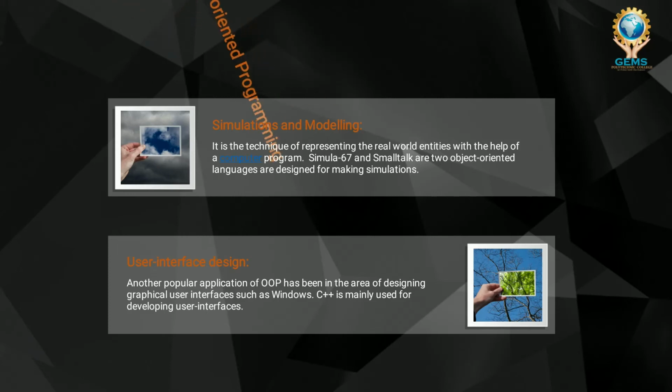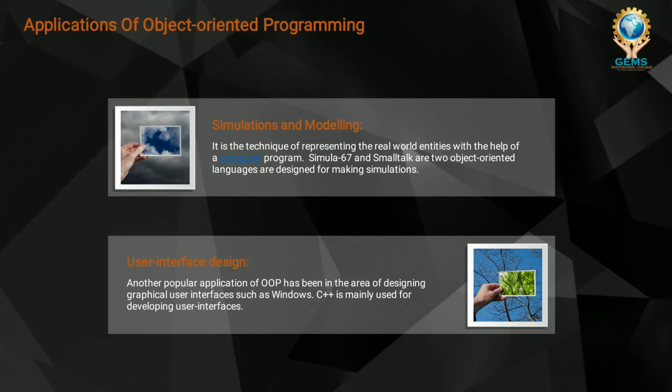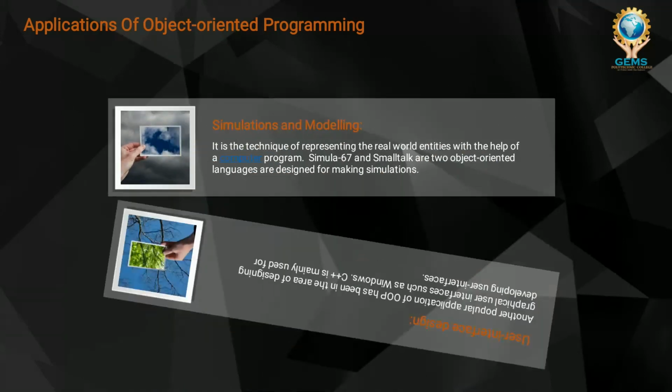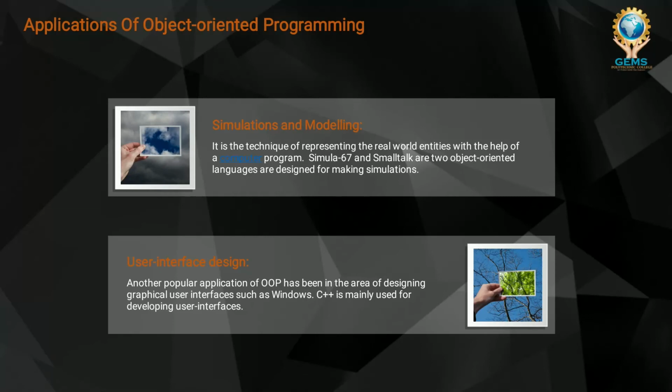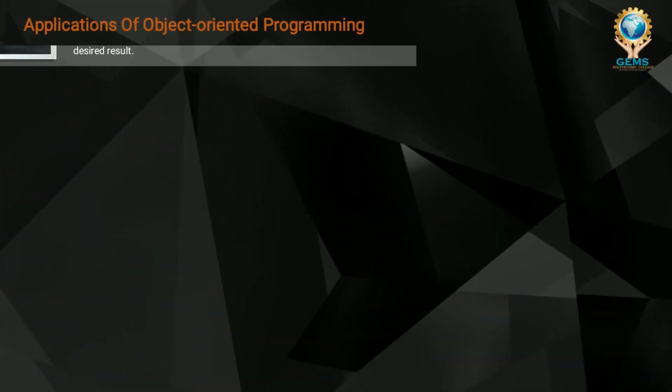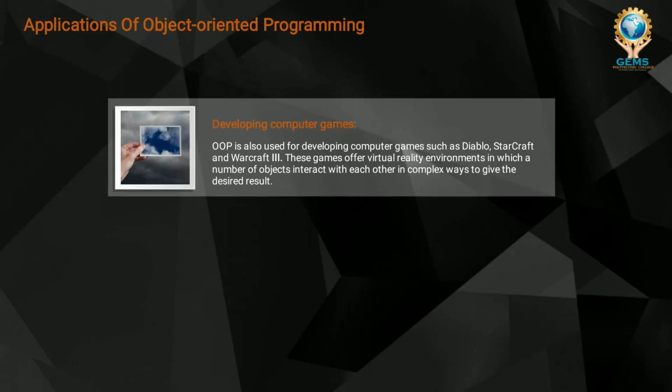We are using object-oriented programming for user interface design. Then developing computer games. All of you know about games, maybe mobile games or computer games. All games are developed based on object-oriented programming.